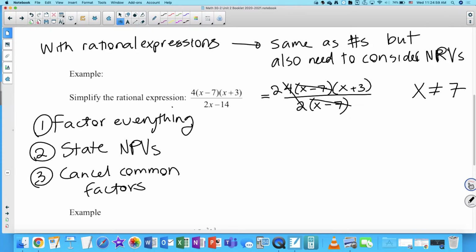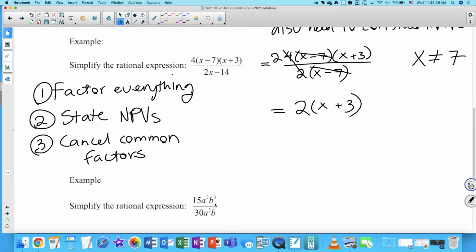And so what's left is 2 times x plus 3. Okay? And as long as we write down that x cannot equal 7, these two expressions are equivalent to one another. If we don't have this down, they're actually not equivalent because the original has a non-permissible and this one wouldn't. Okay, so really important that you include that in there.